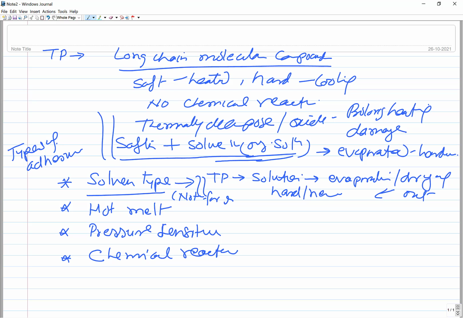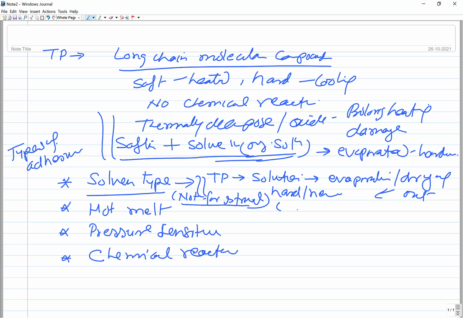Thermoplastics-based solutions are applied, and when the solvent is evaporated, either on its own or during heating, they get hardened and impart the desired strength, but in general these are weak, so not good for structural purposes.